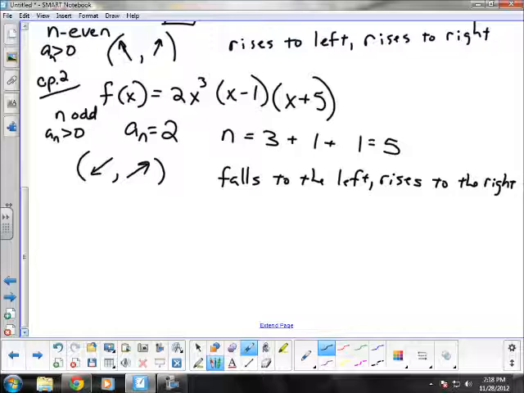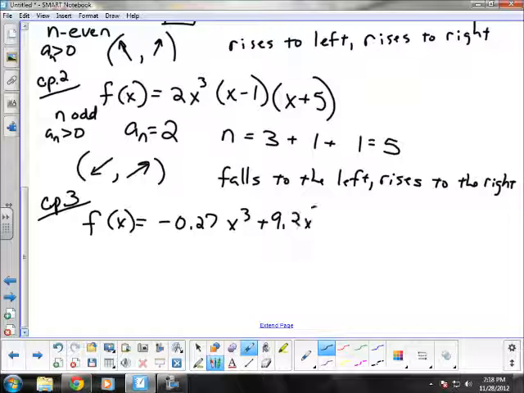Sorry. All right, and checkpoint 3, the last example of end behavior. They want us to find the end behavior of f of x equals negative 0.27 x to the third plus 9.2 x squared minus 102.9 x plus 400.